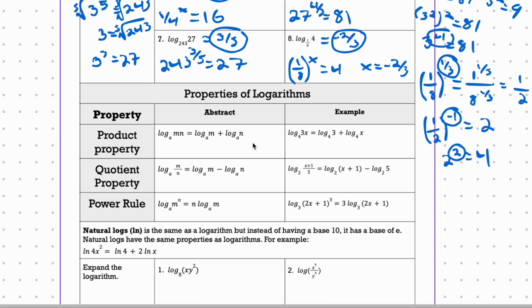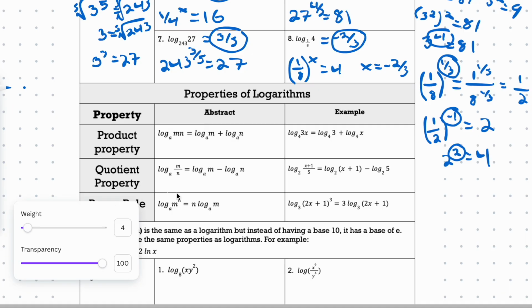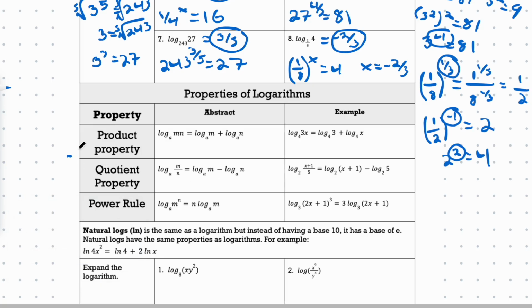So now let's work on properties of logarithms. One important property we want to know is the product property.